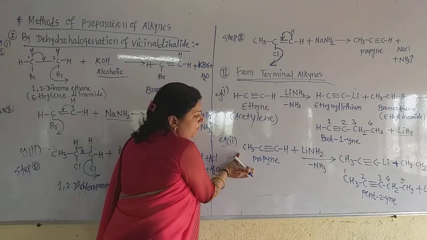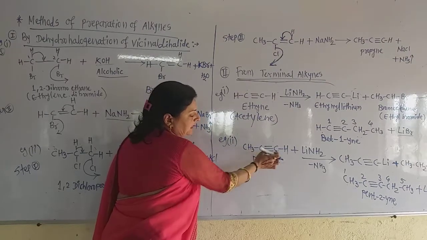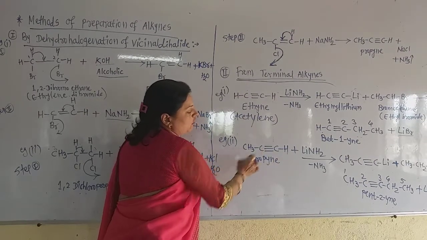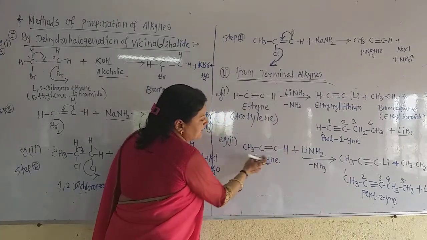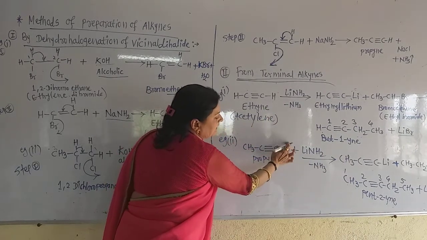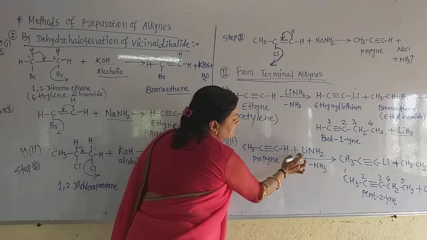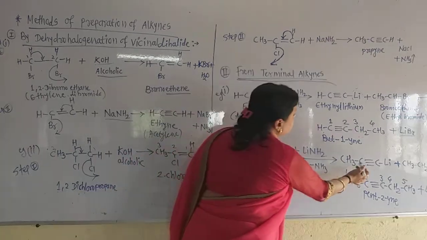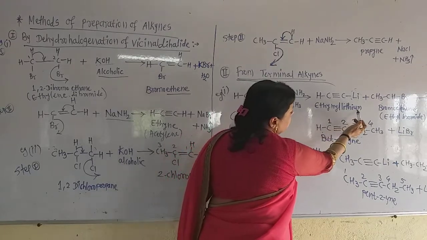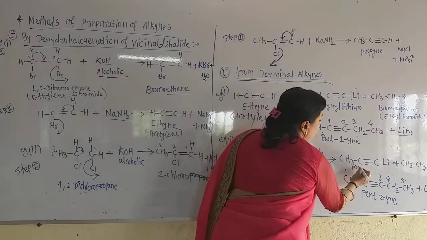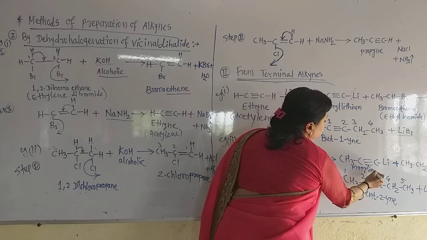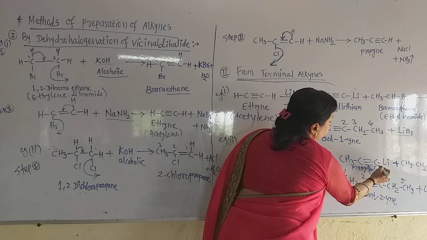Now this is propyne. See here, 3 carbon atoms. This is propyne, with the triple bond between 2 carbons. Again react with lithium amide, and what happens? This hydrogen again gets replaced by lithium, and we obtain propynyl lithium.